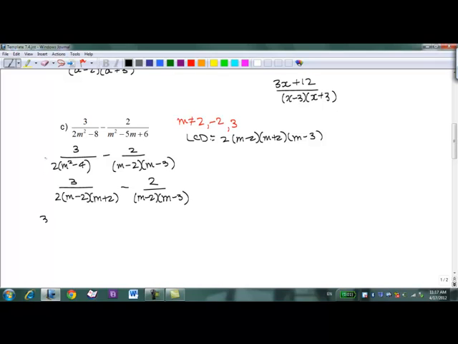So let's write this out one more time. 3 over 2, m minus 2, m plus 2. What am I missing from this is the m minus 3 over m minus 3. Minus 2 over m minus 2, m minus 3. And what am I missing here is the 2 in the denominator and the m plus 2.